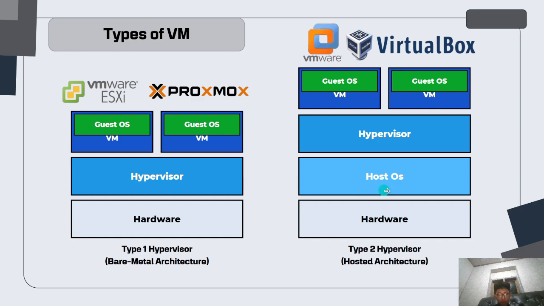But for the hosted one, it's usually a PC or laptop, where we have an OS and then install the hypervisor, because if our laptop had no host OS, we could not use things like PowerPoint, Excel, etc. So that is the difference.